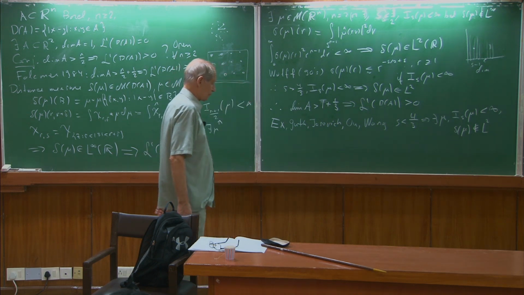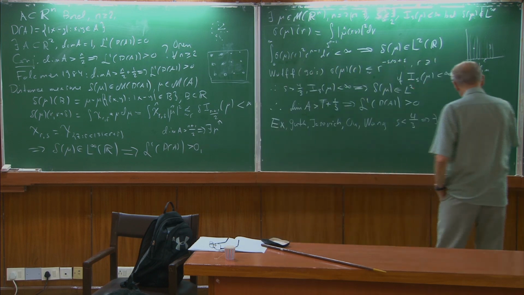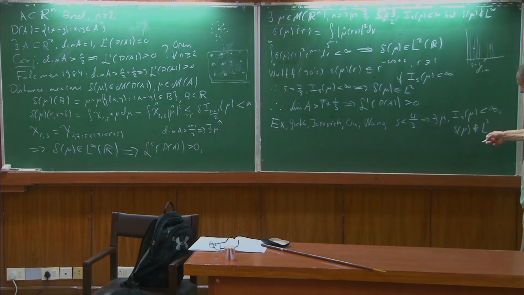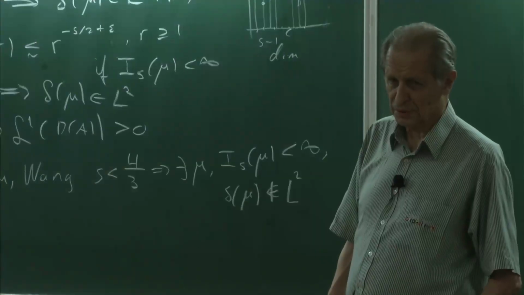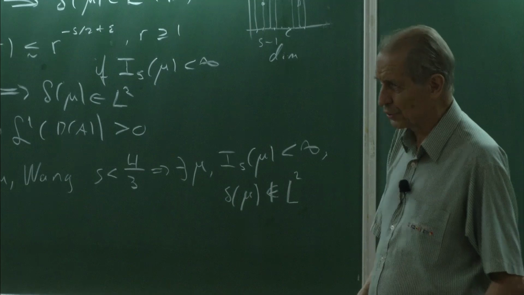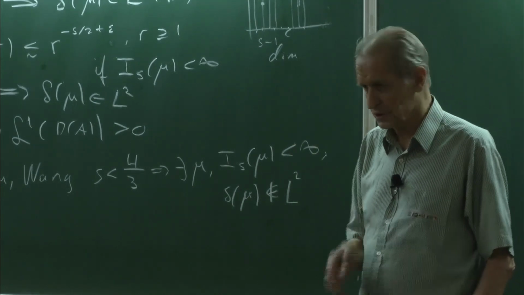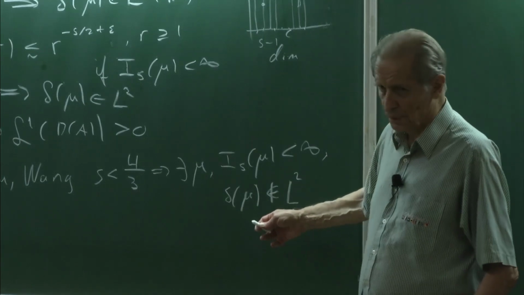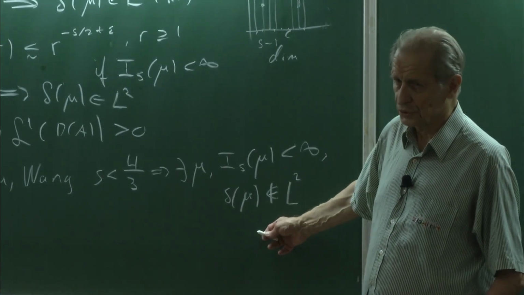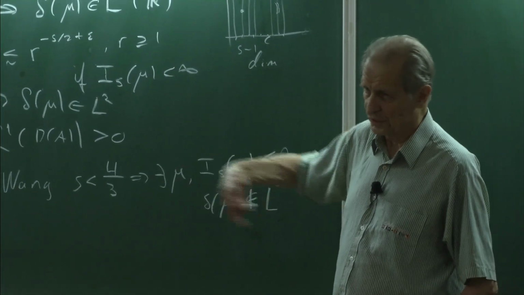I still want to emphasize that I use this L2, L infinity, and I don't say that delta mu is in L1, that it's an integrable function, and then it is absolutely continuous, because what you really do, you use some approximations, and then you show that these approximations belong to L2 with constant independent of the approximation, and then you can go to the limit.